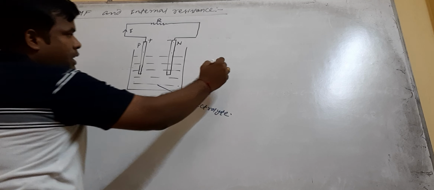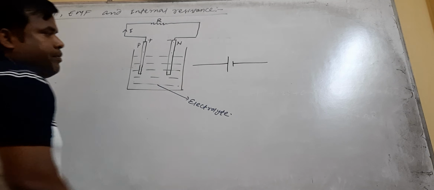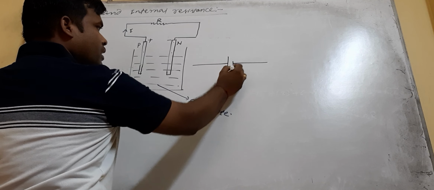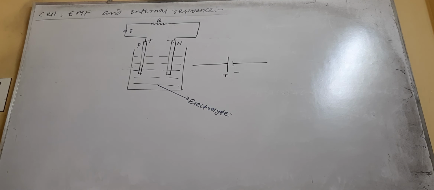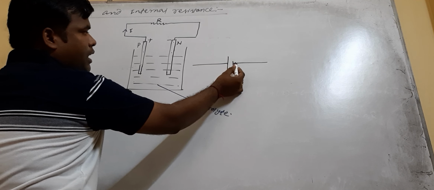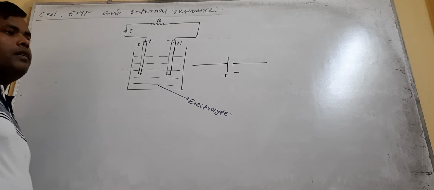Then what is the symbol? It is the symbol of the cell. It is the positive terminal and it is the negative terminal. And here you see, between the positive terminal and negative terminal, there is a gap.